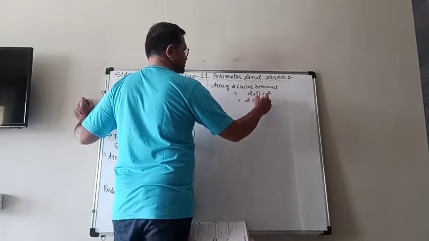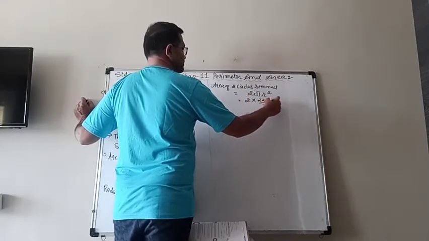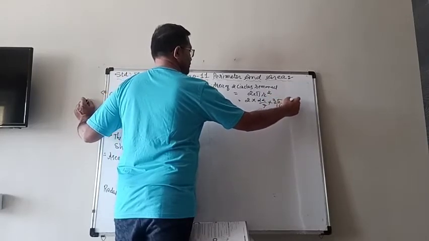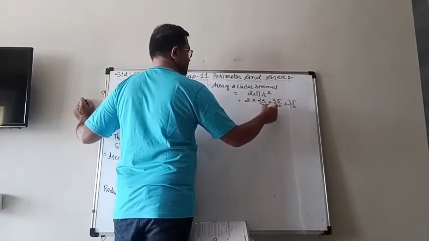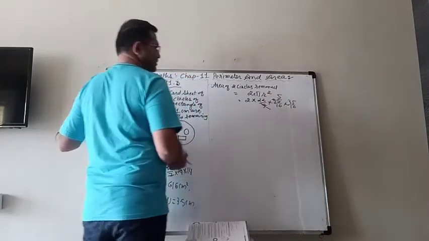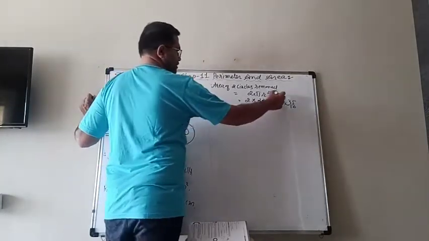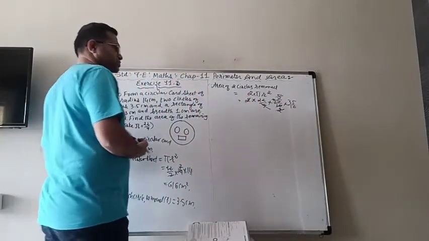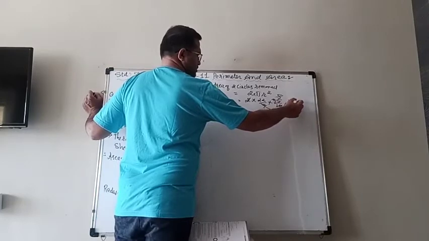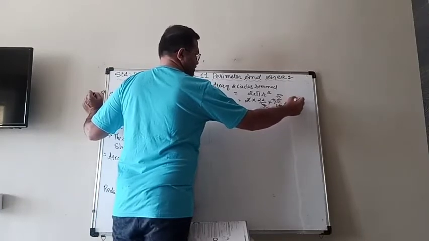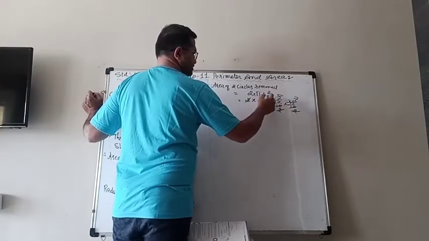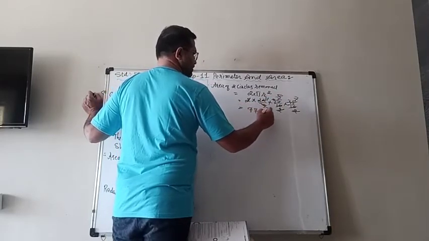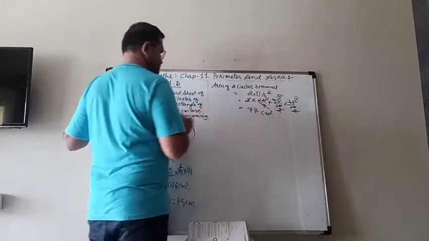So 2 times 22 by 7 into 35 upon 10 into 35 upon 10. 7 fives are 35, 5 twos are 10 to cancel. So 11 sevens are 77 centimeters square.